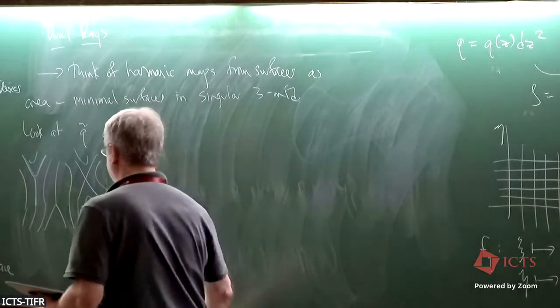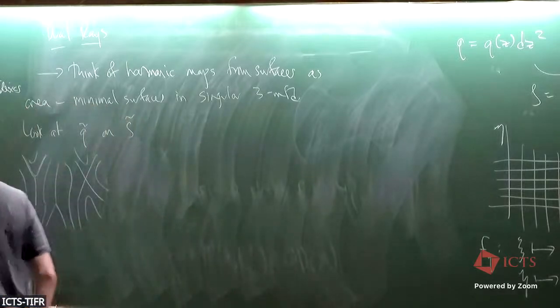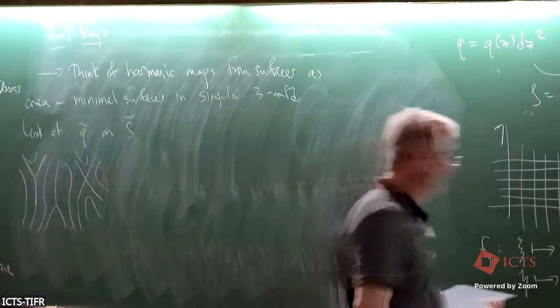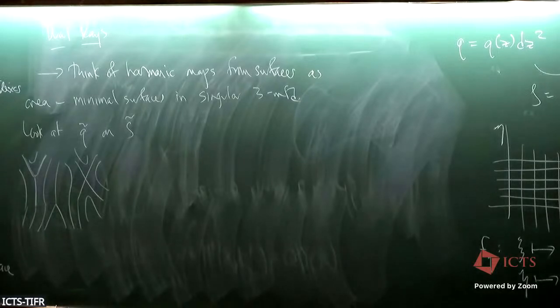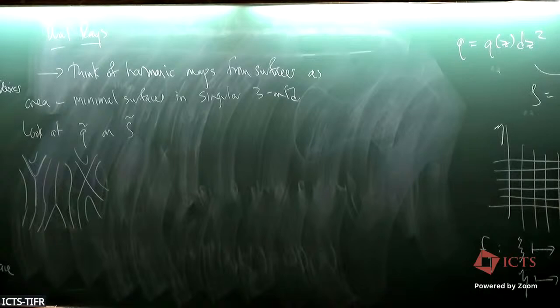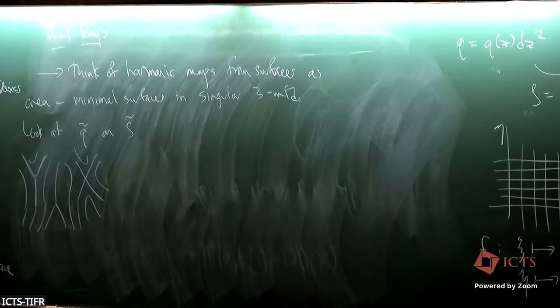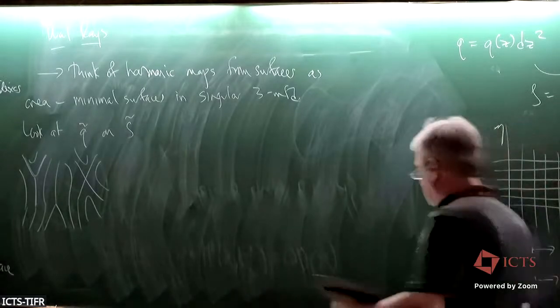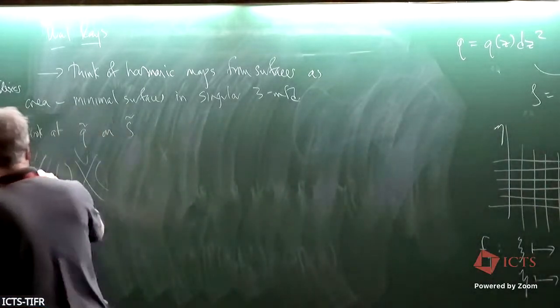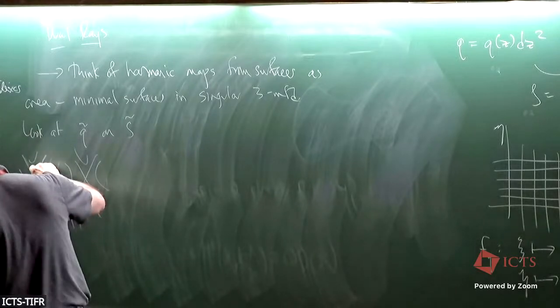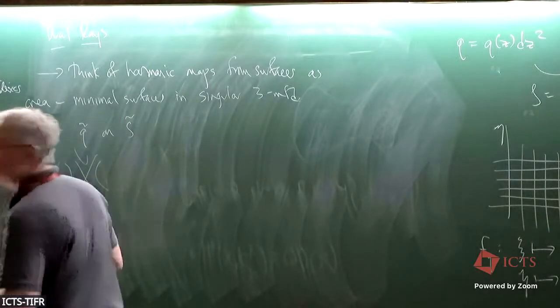So in this case, we can sort of figure out what it is. At this point I have 3 leaves, 3 branches.